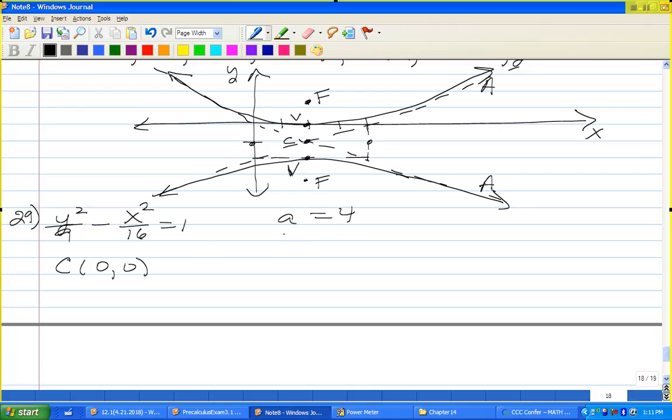A is 4. B is 3. C, 9 plus 16 is 25. Square root of 25 is 5. And so that says that the foci are going to be at, the y is positive, so 0 plus or minus 5. And those are your foci.